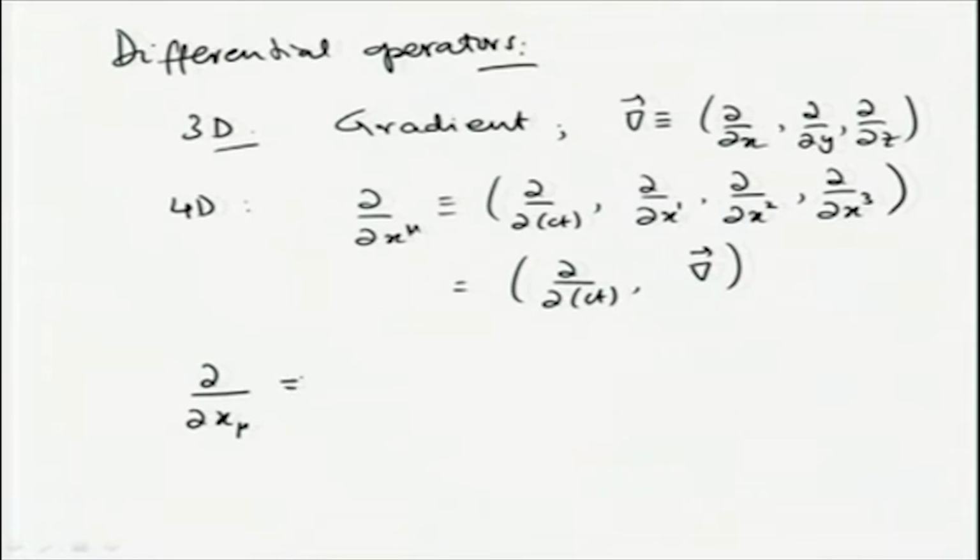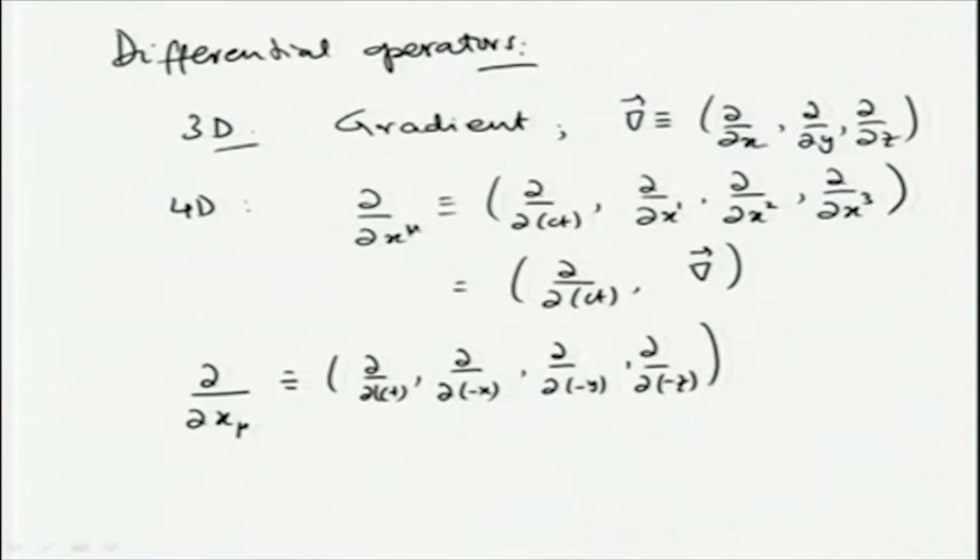If you take the derivative with respect to the covariant x, then you will have ∂/∂ct, ∂/∂(-x), ∂/∂(-y), ∂/∂(-z), because the spatial components of covariant x_μ are -x, -y, -z. This is essentially ∂/∂ct minus the gradient.